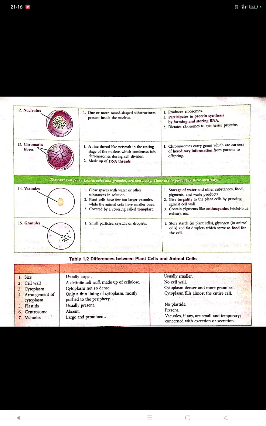Nucleolus. In the nucleus, again, there is a nucleolus. One or more round-shaped substructures present inside the nucleus.